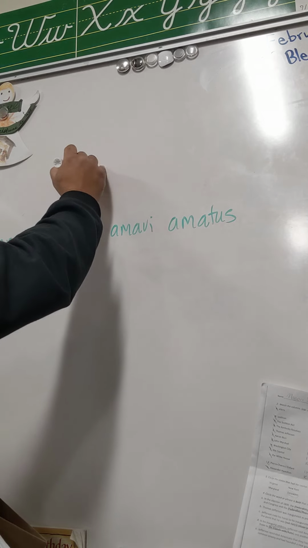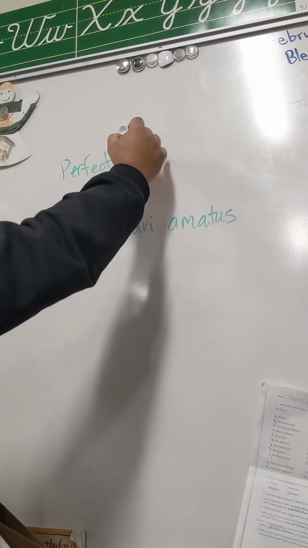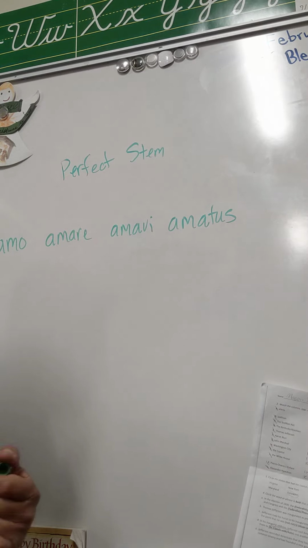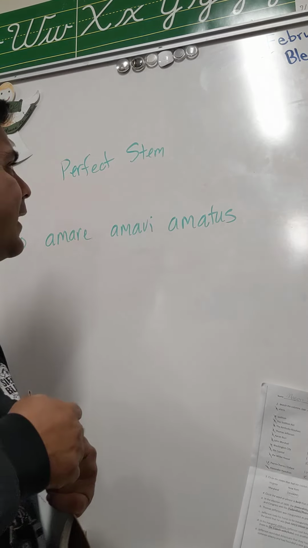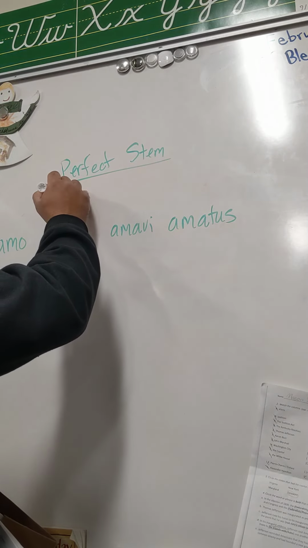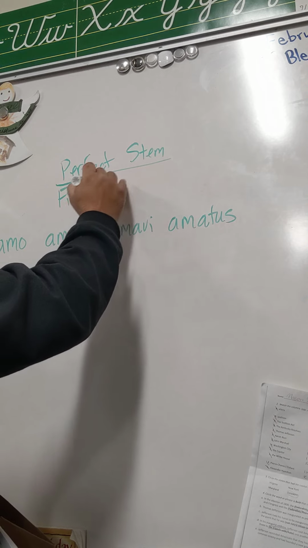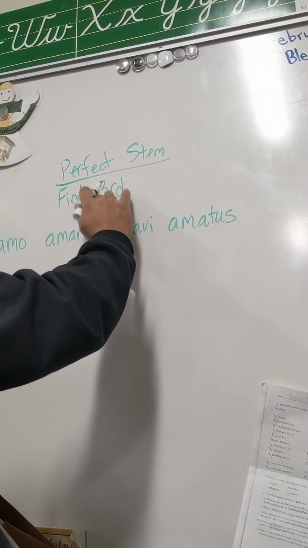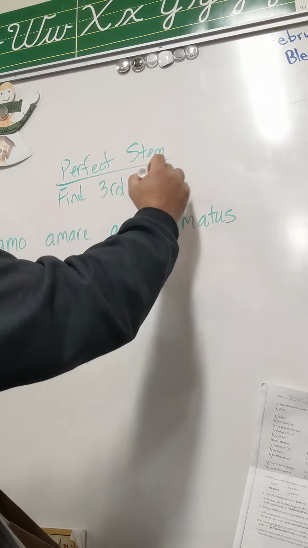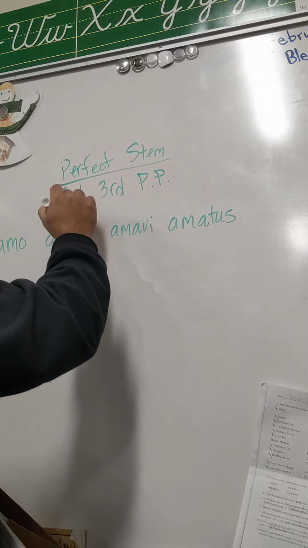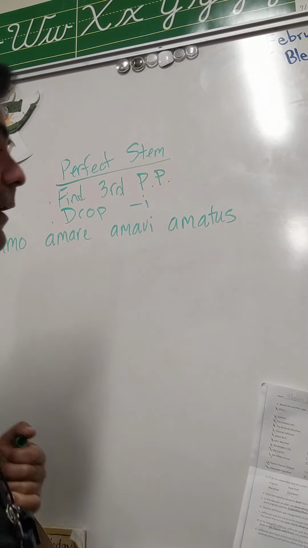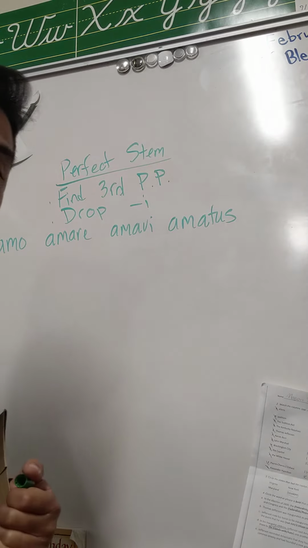This question shows up on the tests and quizzes all the time, and even though we remind them of it, they still forget it. You find the third principal part, we're going to call it PP for now, and you drop the i. That's it. What's left over is the perfect stem.